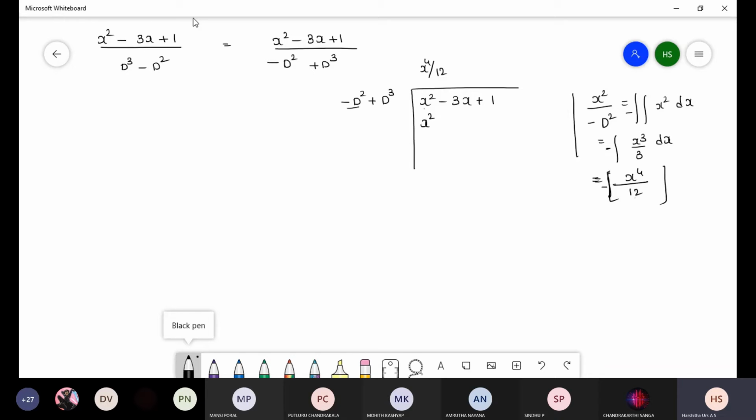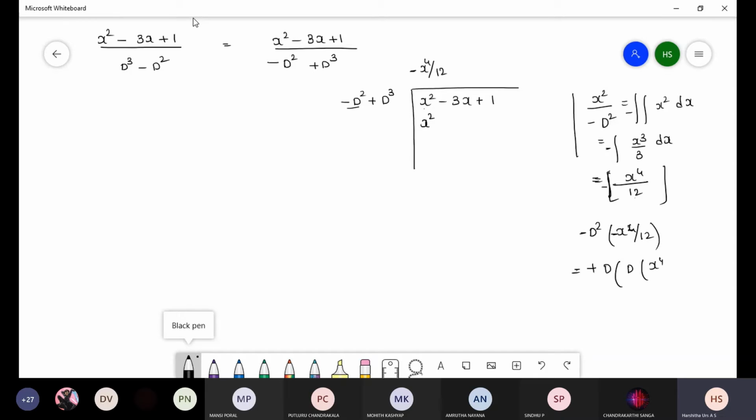If you do the cross verification, D square, yes, here I write minus x power 4, D square into x power 4 divided by 12. Minus into minus will become plus.